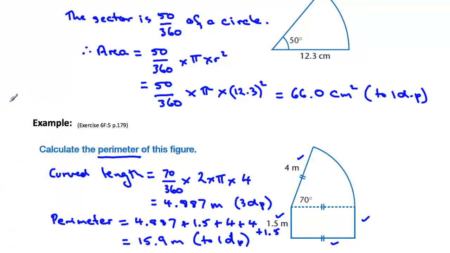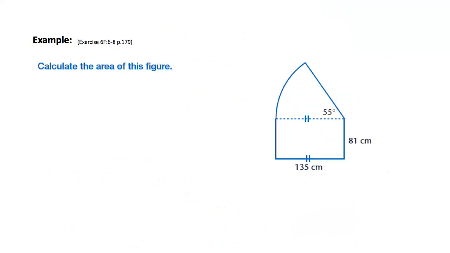All right, let's have a look at just one more example, this time working out not perimeter but area. So we'll call this one here our area of a sector, area 1, and we'll call this area 2, and as you can see, it's a rectangle. We double check that all the units are the same, centimetres and centimetres.